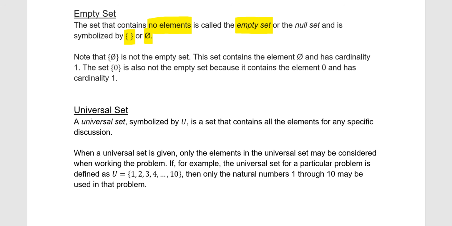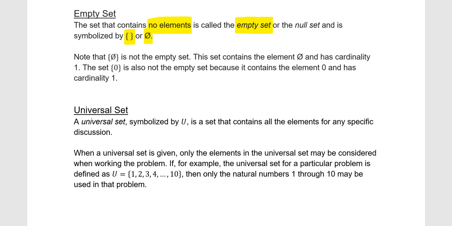And it's also important to note that this symbol right here, the braces with the empty set symbol inside, is not the empty set. This set contains the element. This is saying that it has the element, whatever this is, in there, which would have cardinality of 1 because it's one thing in the set.